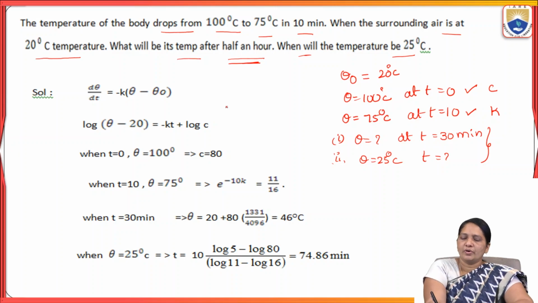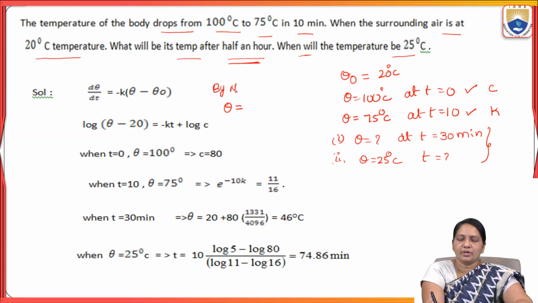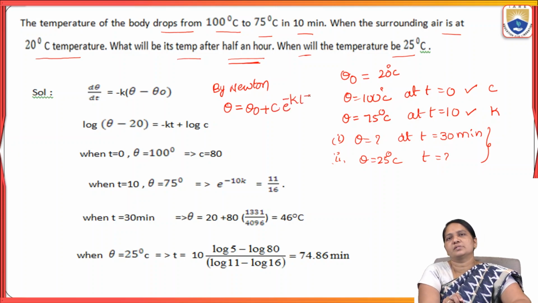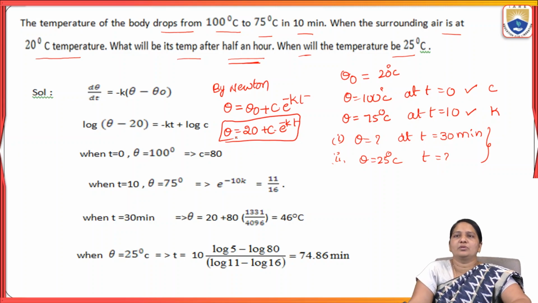So first, what is our differential equation? By Newton's law of cooling, theta equal to theta naught plus C into e power minus kt. This is the equation. Here the surrounding temperature is 20, so theta equal to 20 plus C into e power minus kt. This is the equation we are going to use to calculate the values.